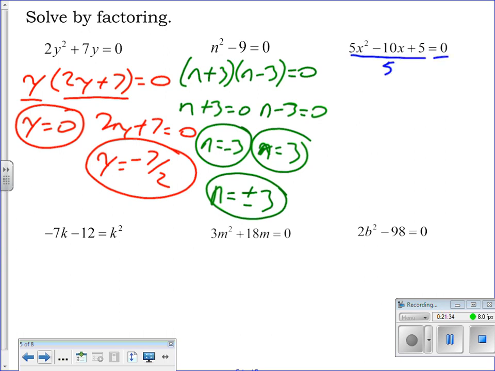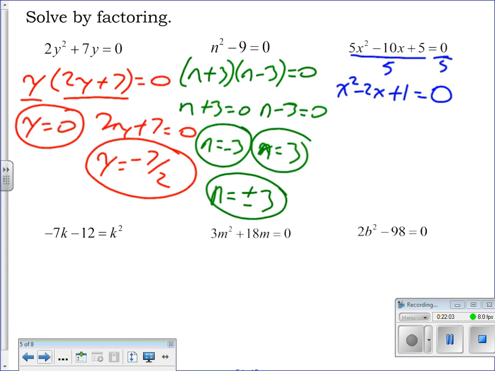Just divide both sides by that common factor. Divide everything by 5. Right, you can do that, right? You can divide both sides by 5. Doing the same thing to both sides, it's still equal. If I divide this by 5, that means each individual term divided by 5, I get x squared minus 2x plus 1 is equal to 0, because 0 divided by 5 is 0.